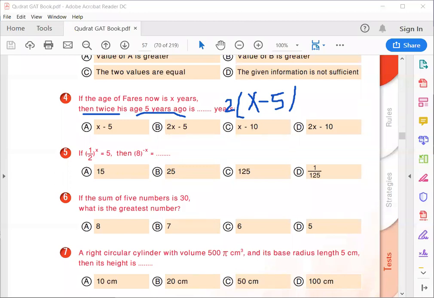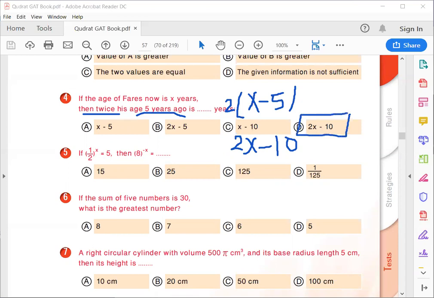The answer is you multiply 2 times X, which is 2X, and 2 times minus 5 equals minus 10. So the answer is D, right.